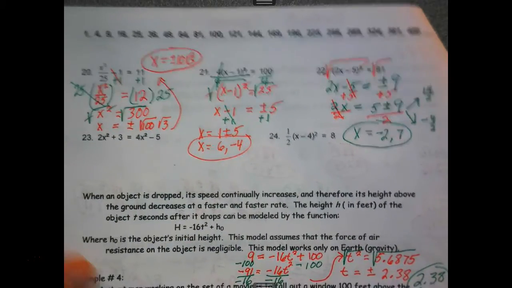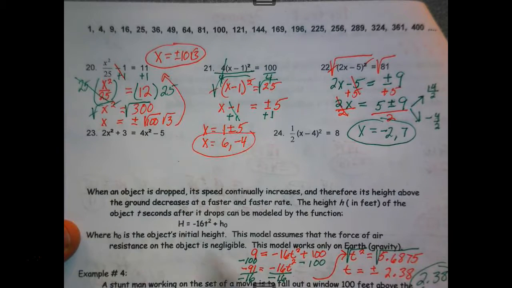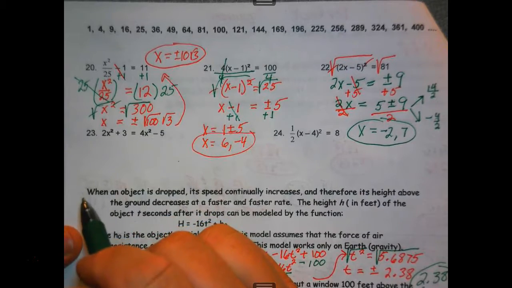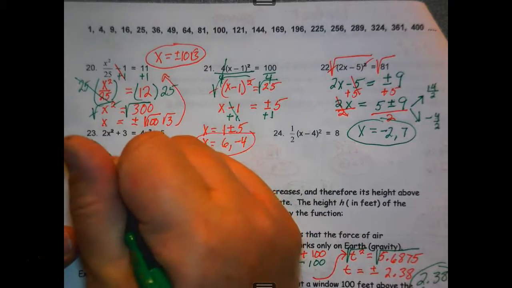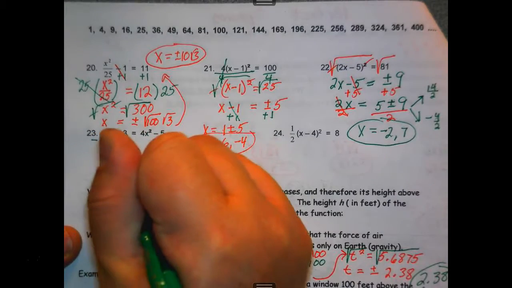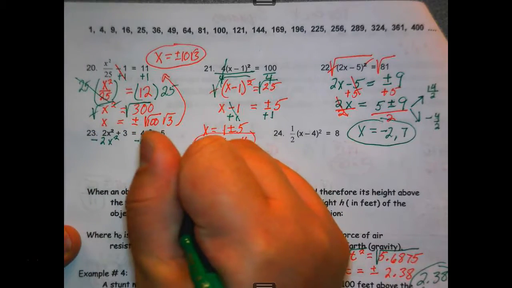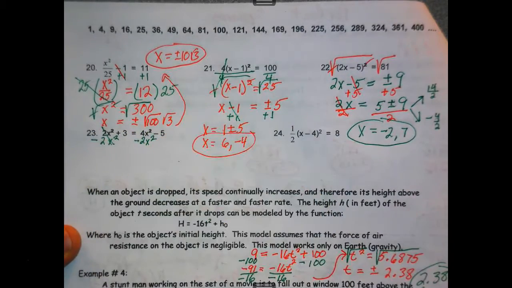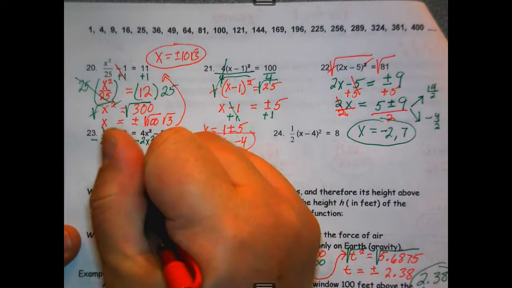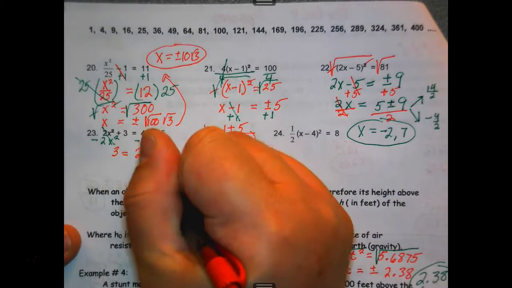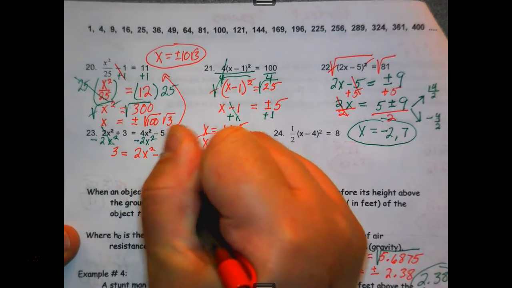Number 23. Let's see, I need to get the same terms on the same side of the equal sign. So I'm going to subtract 2x squared from both sides. So I get 3 equals 2x squared minus 5.